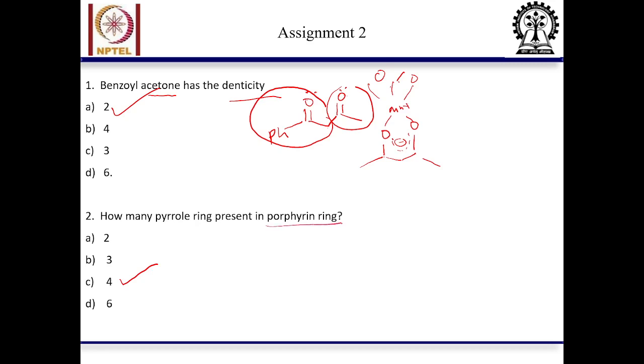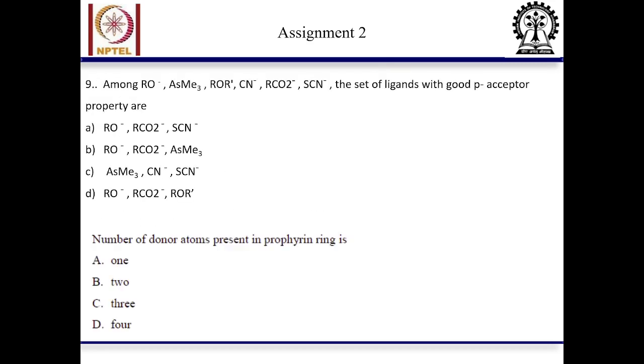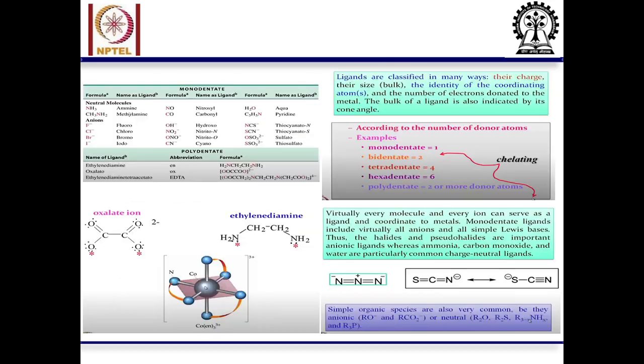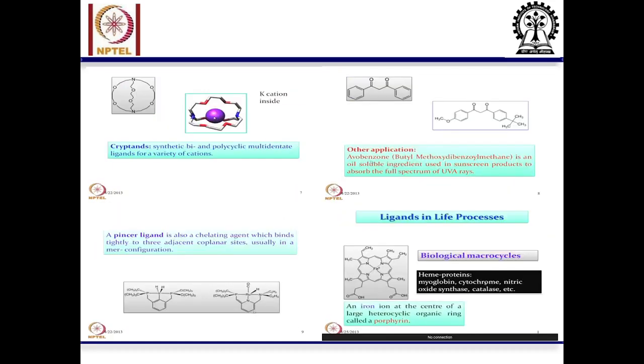So at the end, I will show you that porphyrin ring. Otherwise, let me just show you. So this is your porphyrin ring. So here we have 1, 2, 3, 4. These are the 4 pyrrole rings with a conjugated ethylene linkage.